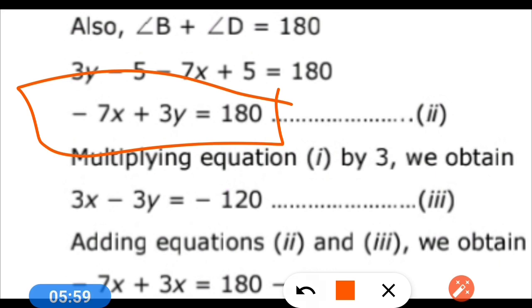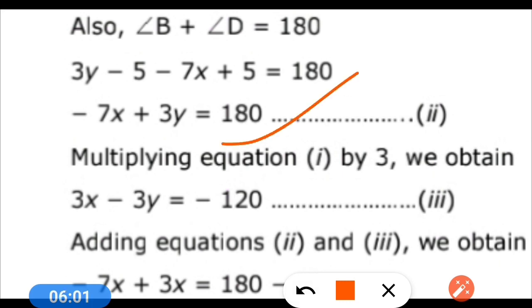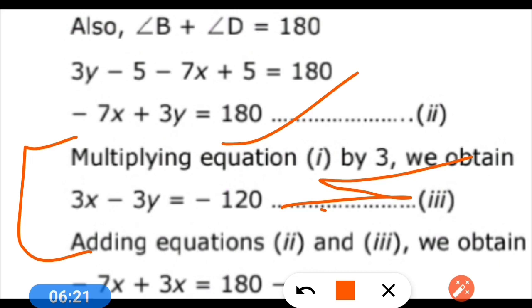Now we'll have two equations, this is number 2 and number 1 we found previously. These two equations we can solve by any method, but here we are going to solve them by the elimination method. For applying that, we multiply equation 1 by 3 and then add these two equations.